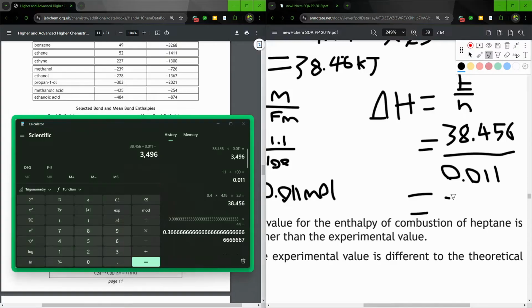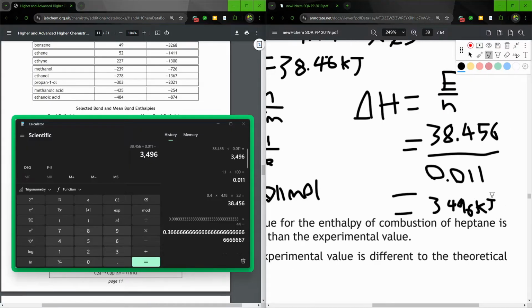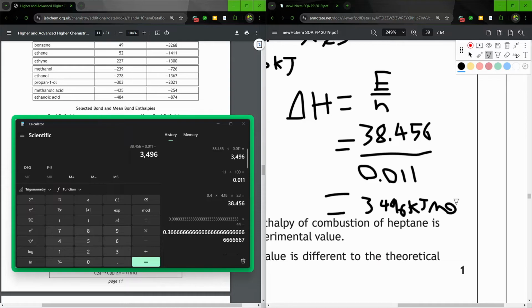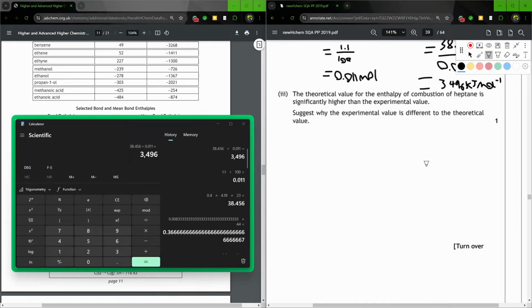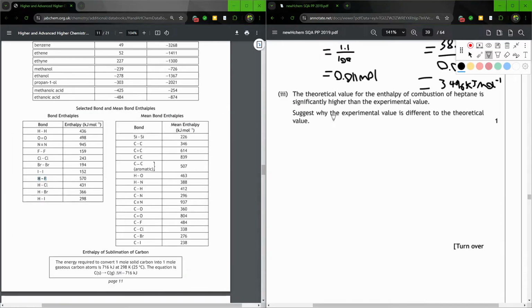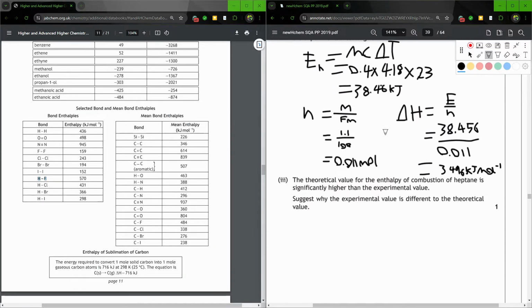And that will lead us with 3,496 kilojoules per mole. There we go. The theoretical value for the enthalpy of combustion of heptane is significantly higher than the experimental value. Suggest why the experimental value is different to that of the theoretical value.